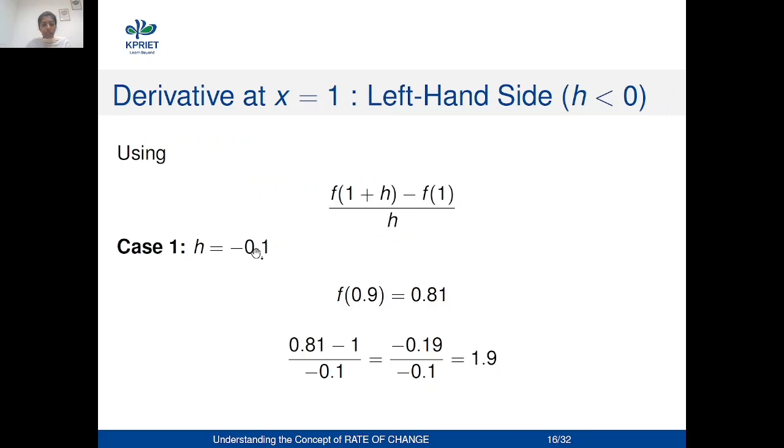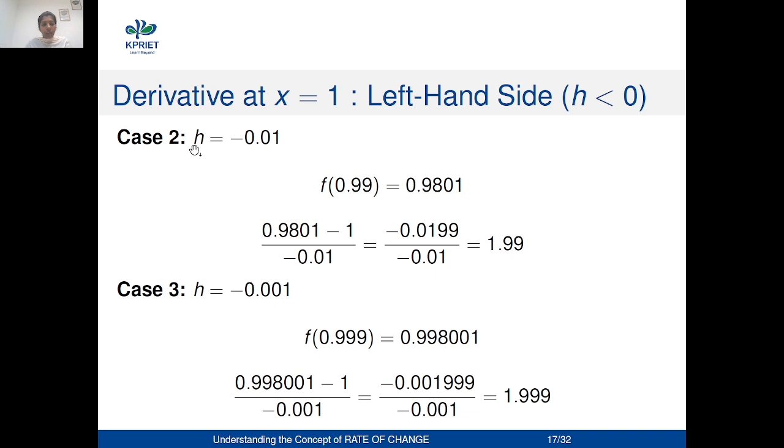So I have taken the h value as minus 0.1. So the point here is 1 minus 0.1, so it is 0.9. The square of this number is 0.81. According to this, it is f of x minus h minus f of x by minus h. Then the answer is 1.9.